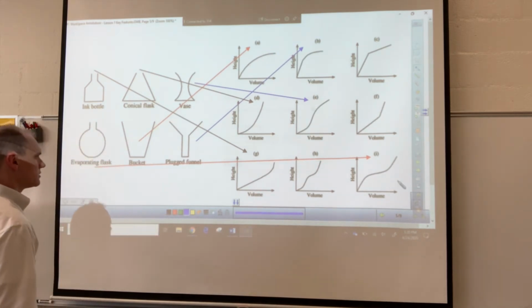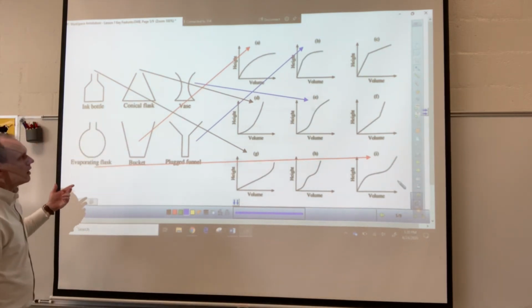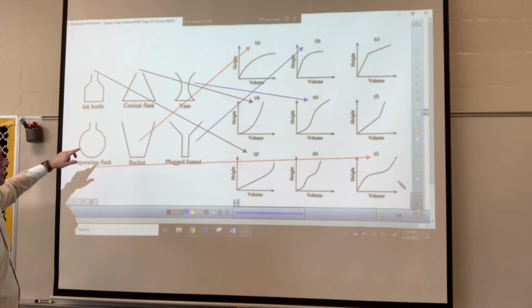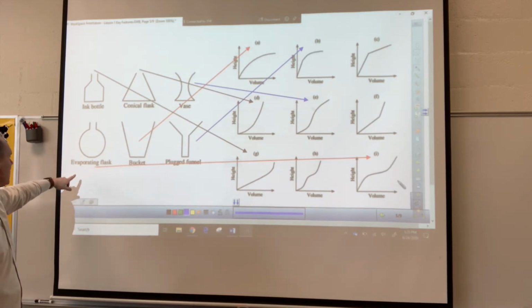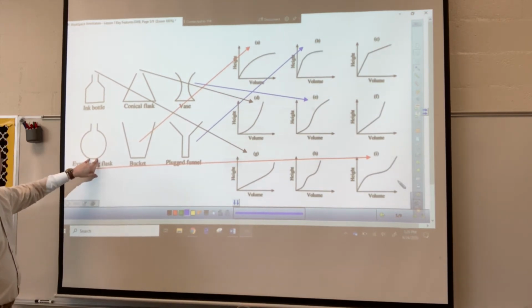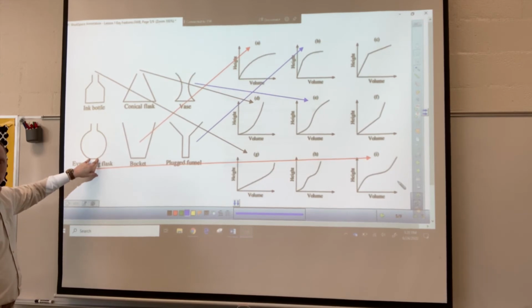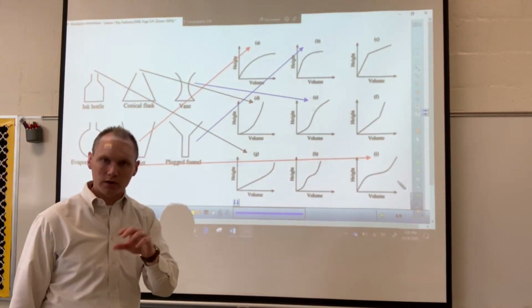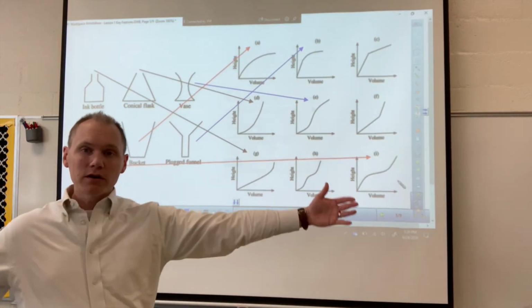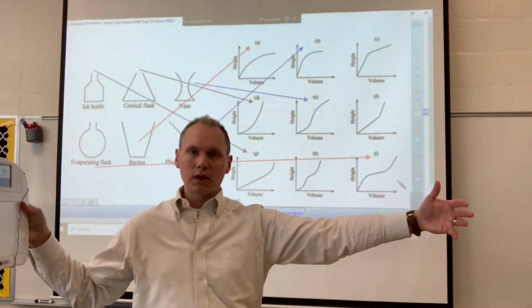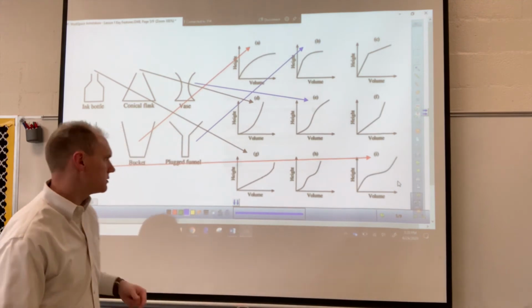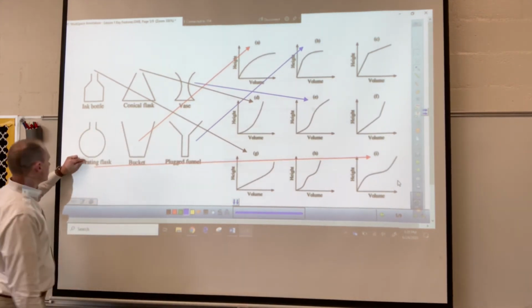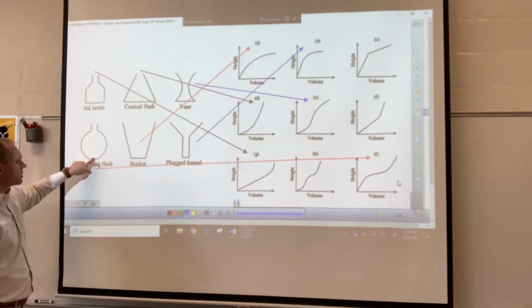So for instance, let's take a look at that one here. It starts out pretty narrow. That means the water, as it goes in, is going to rise a lot quicker because it's narrow. The wider it is, the slower the height is going to change. So it starts out increasing pretty quickly.